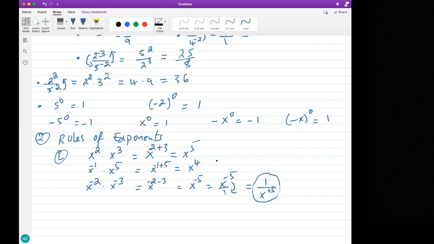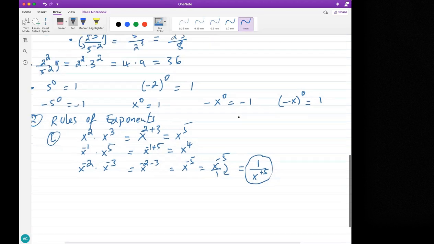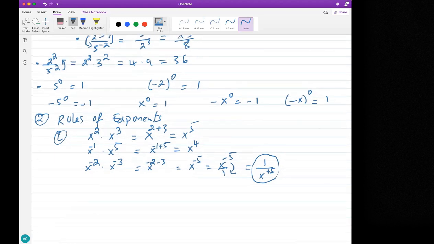So that's one of the properties of exponents. Let me write those rules somewhere on the side here. I'm going to summarize these as we go.